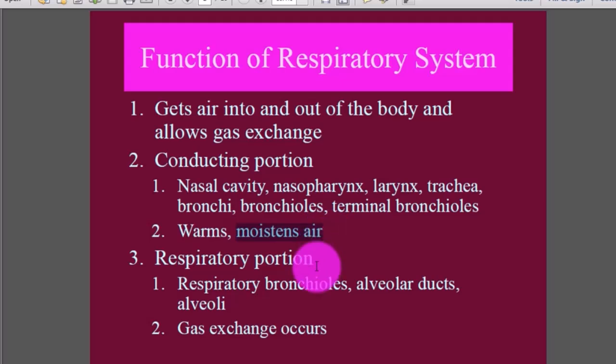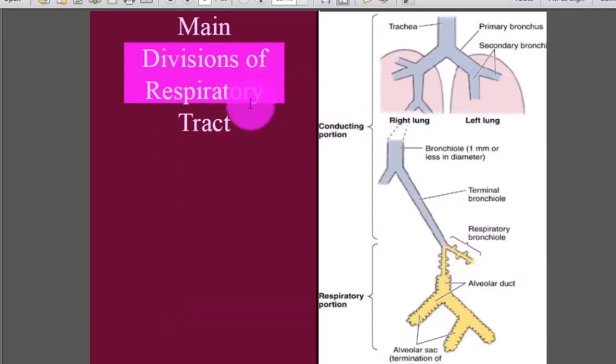Respiratory portion: respiratory bronchiole, alveolar duct and the alveoli, where gas exchange occurs. Main divisions of the respiratory tract: the trachea, primary bronchus, secondary bronchus, bronchiole, terminal bronchiole, alveolar sac.